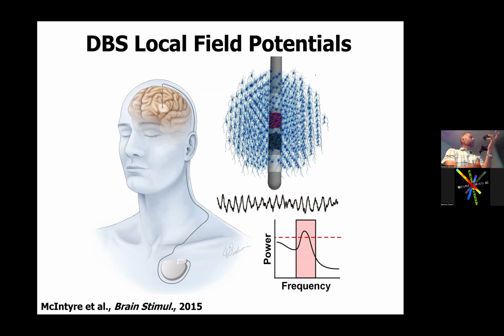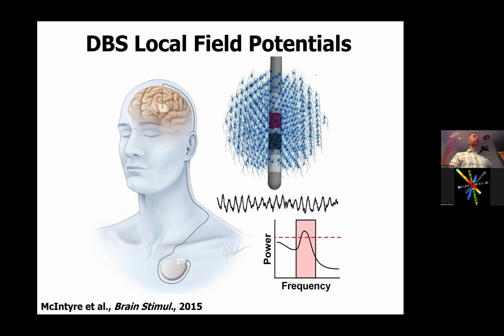So about 20 years ago, people were doing intraoperative electrophysiology experiments in patients, and they were noticing these really robust beta band local field potential recordings, with a really prominent beta frequency, in the subthalamic nucleus of deep brain stimulation patients.